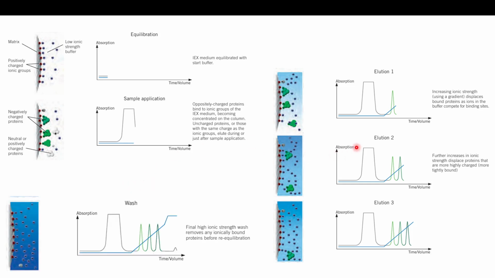But again, before elution, as I was talking about, after equilibration, you have loaded the sample, then you have to wash the samples, so that these neutral charged ones, which you do not really need, basically the contaminants, you have to remove those contaminants, or non-specifically bound contaminants which are bound to your matrix non-specifically.